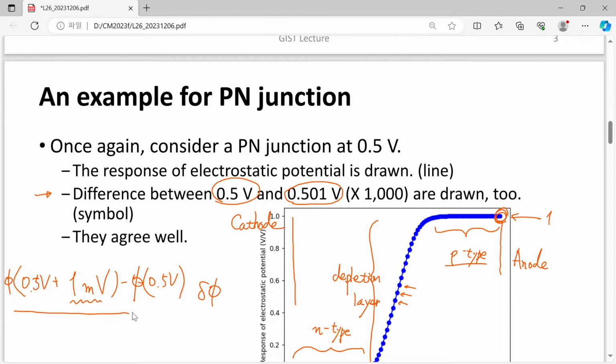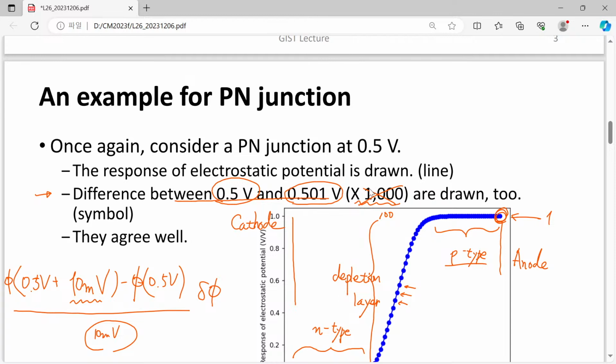So we have to normalize it by 1 millivolt. That's the reason why I draw the difference between these two cases and multiply by 1000, because 1000 is the inverse of 1 millivolt. Of course, if we have 10 millivolt spacing, then I have to use this 10 millivolt spacing, and my multiplication factor should be 100 instead.